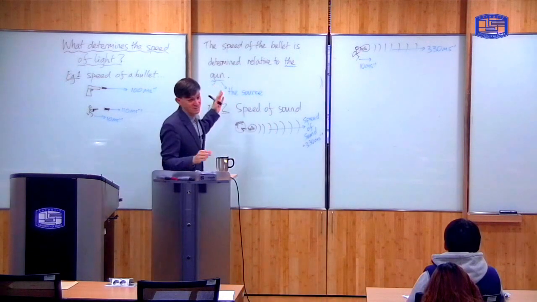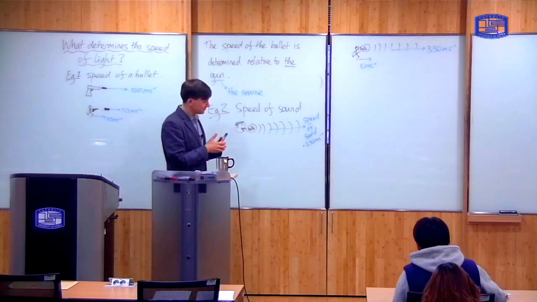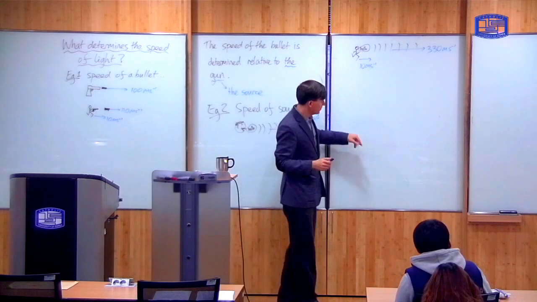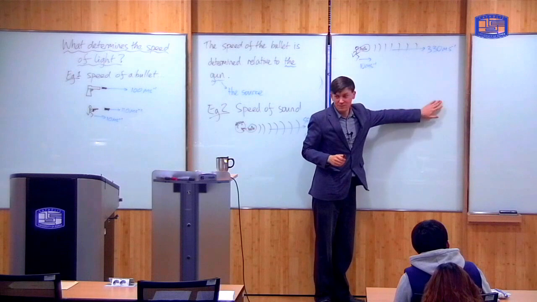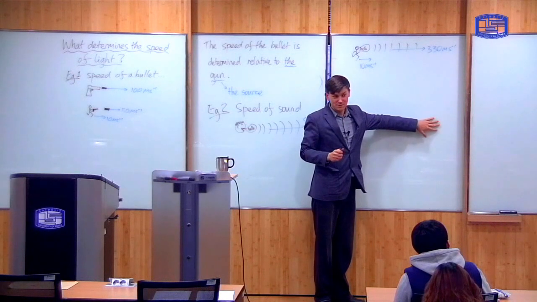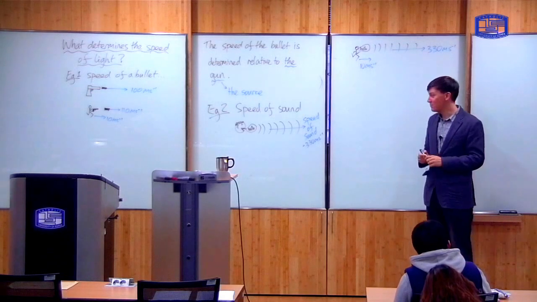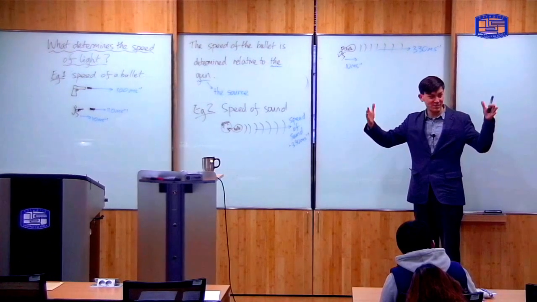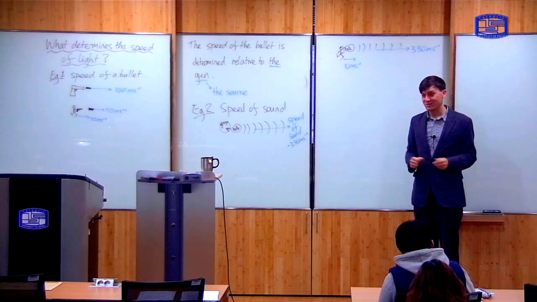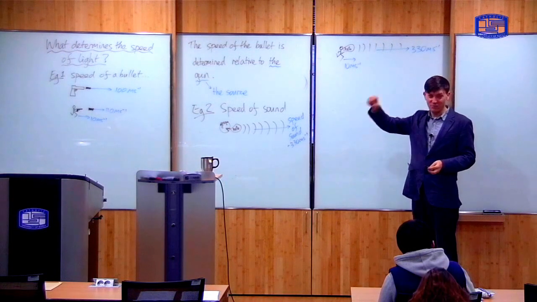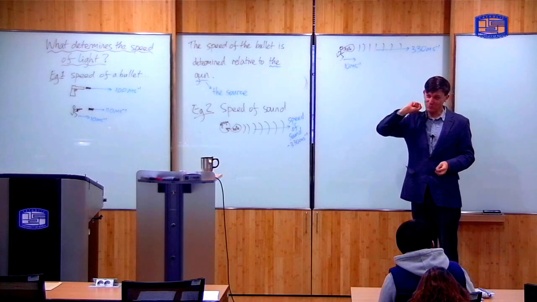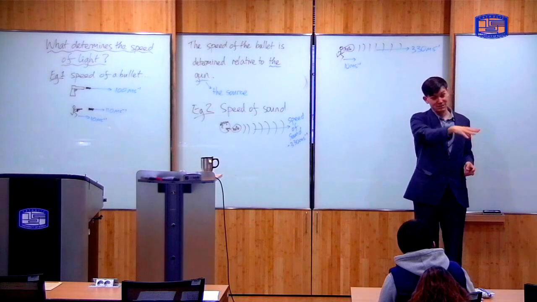It's different from the case of bullets. In this case, what's the speed of sound determined by? The air. In particular, the frame in which the air is stationary. The air in this room is stationary, so therefore sound travels with an equal speed in all directions.